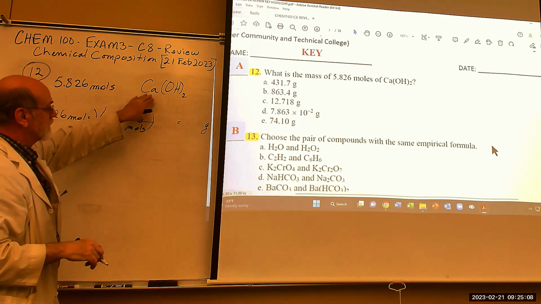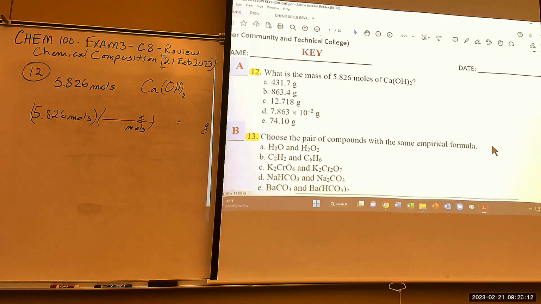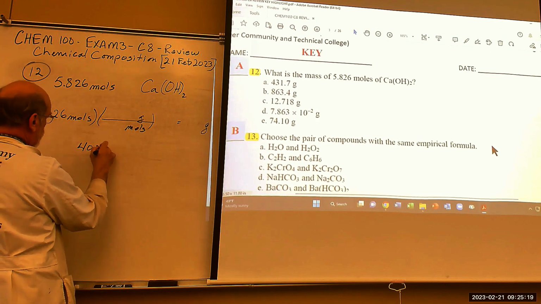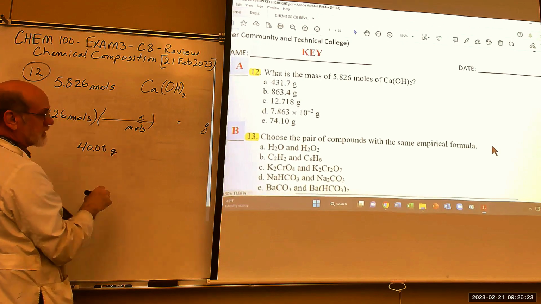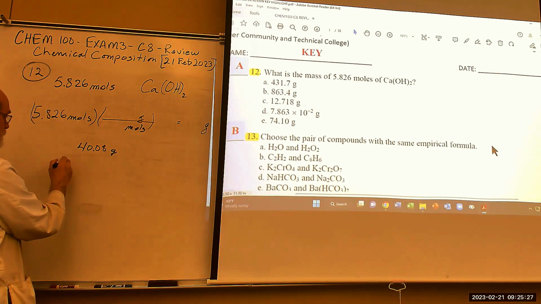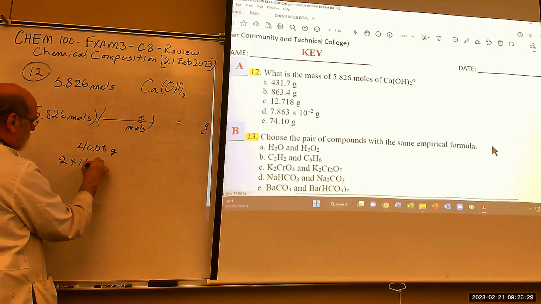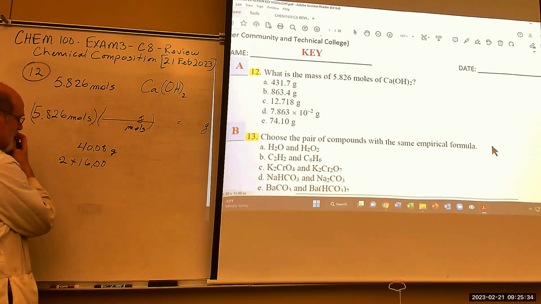We need the molar mass of that compound, right? So calcium is 40.08 grams. Oxygen, how many oxygens do we have? We have two oxygens. So that's 32 added to that one.